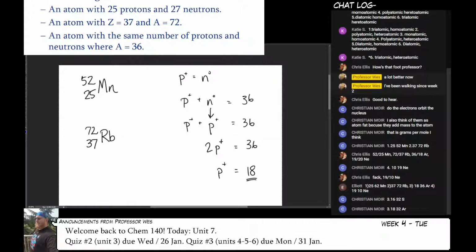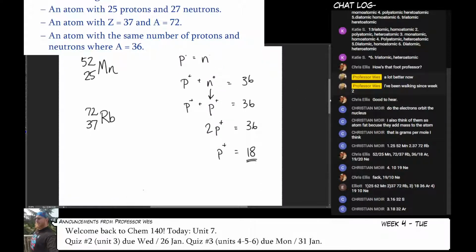And do algebra. Where did algebra come from? What? Yeah, you could do algebra with everything, right? So if there are 18 protons in this and 18 neutrons, I would write this symbol, 18 and 36. And then whatever the element for number 18 is, which I believe is argon. There you go.